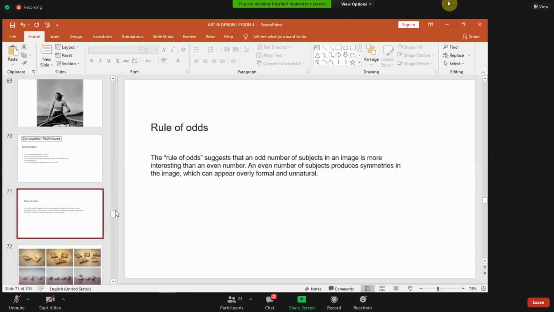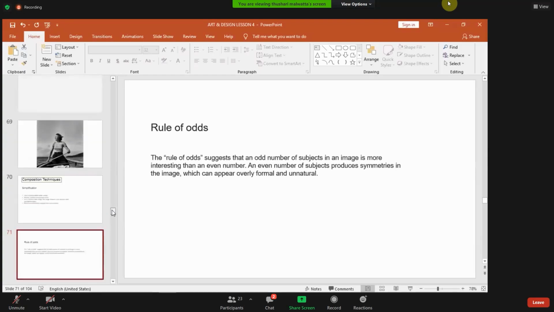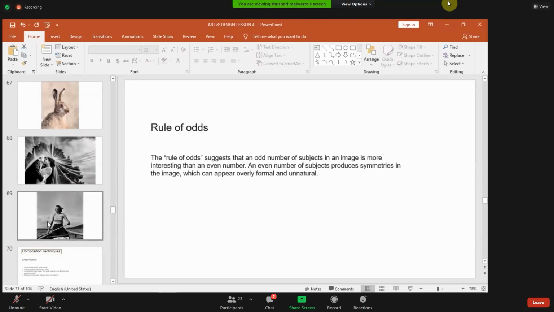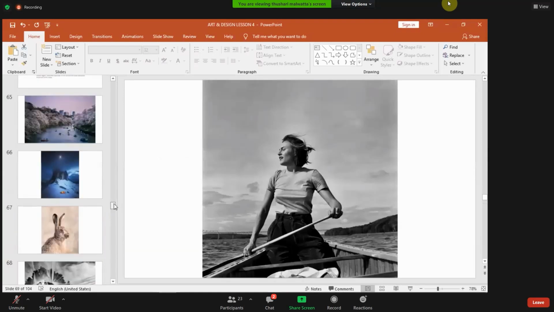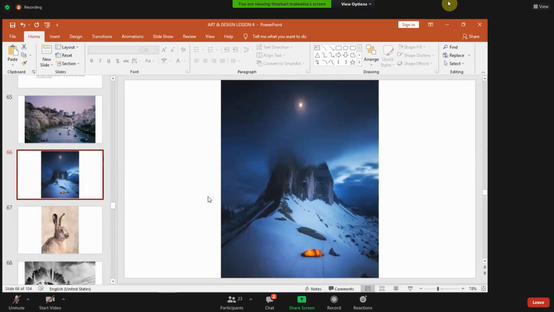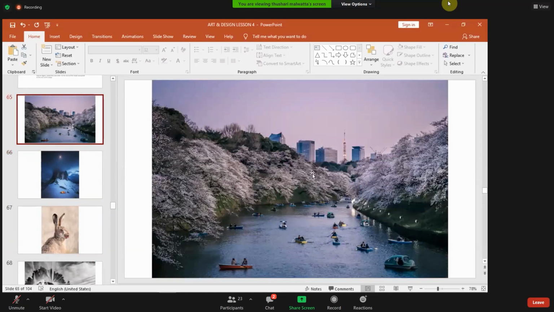I'll show you this. Even if it is a scenery, there's only one subject, and it feels like background. Even here, scale is down, so you don't read the details.